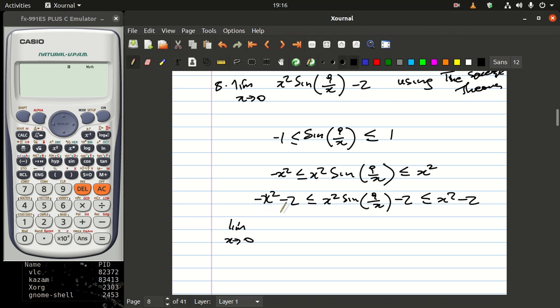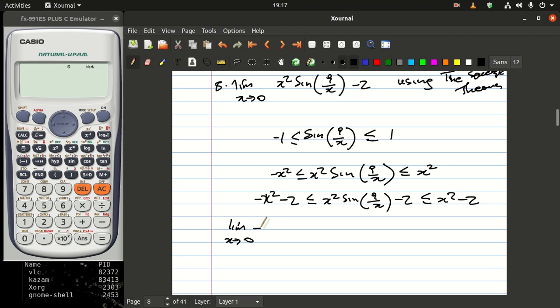If the limit of this and the limit of that are not the same, then I need to change the function. It doesn't mean the squeeze theorem does not work or that the limit does not exist. No, you don't say that the limit of this does not exist. You need to change the functions that are bounding this whole function and try again. That's what you need to do.